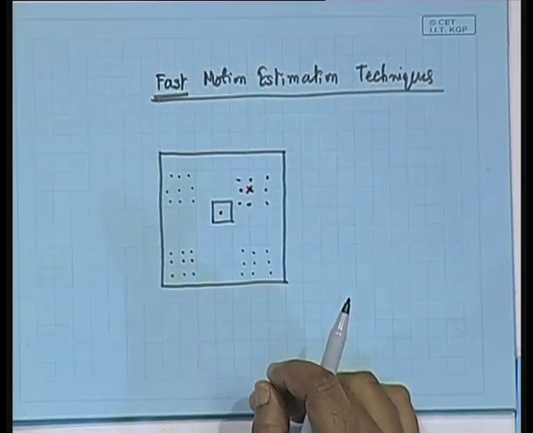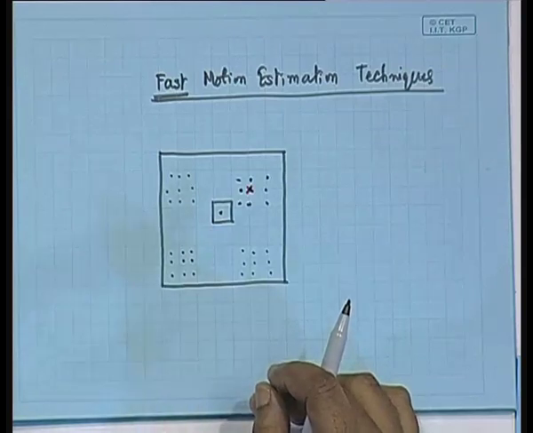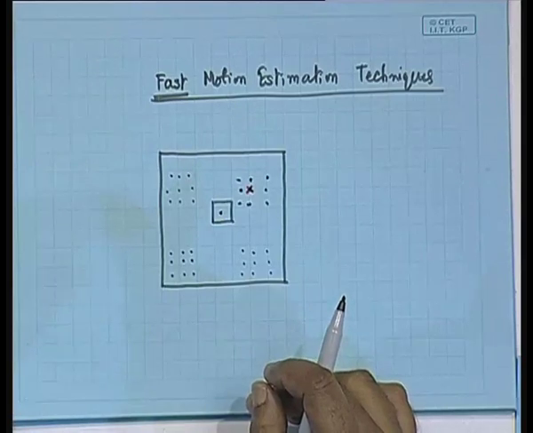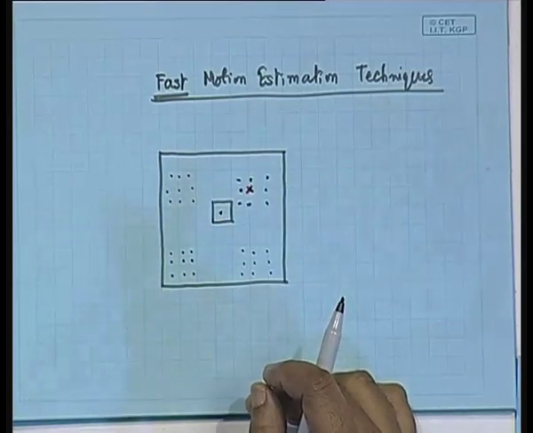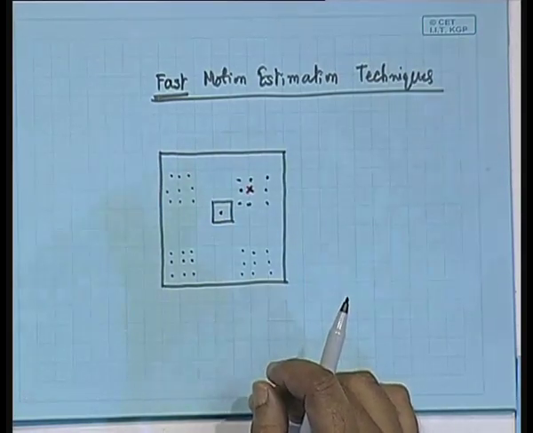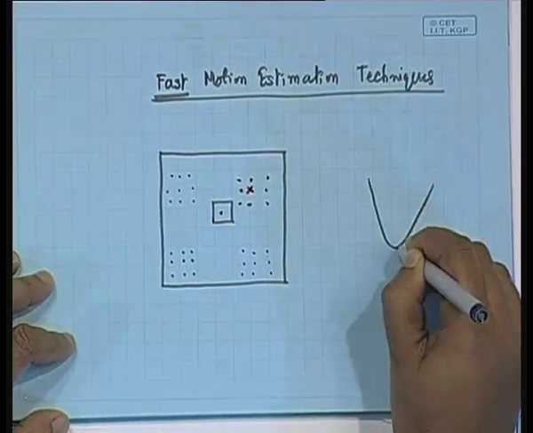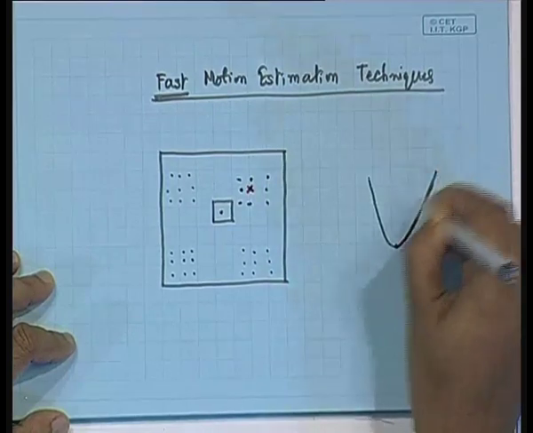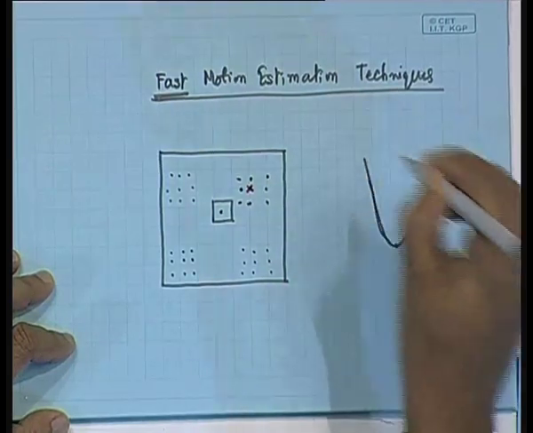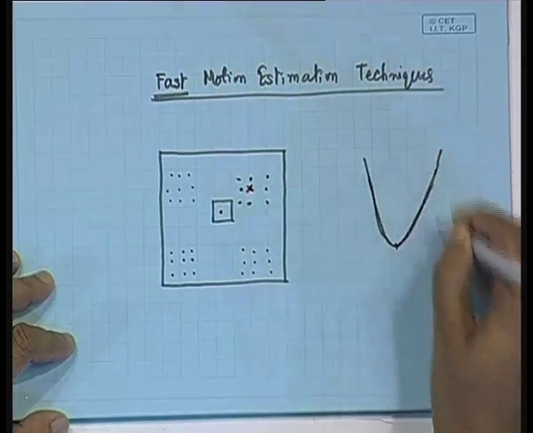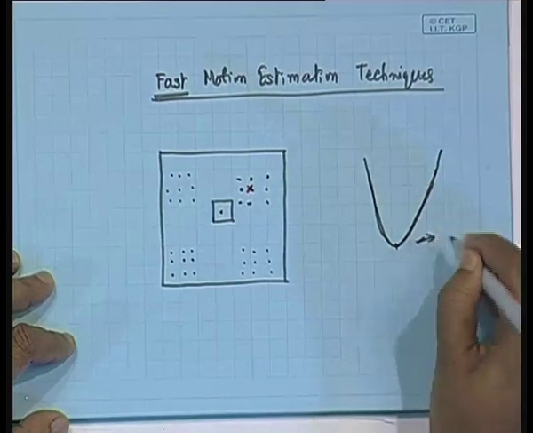As you go away from the point of minimum, the assumption that people make is that the matching measure value, if you are using the MAD or the MSE, monotonically increases. Which means to say that if this is the point of minimum, then as you go away from the minimum, the measure will monotonically increase on both sides.